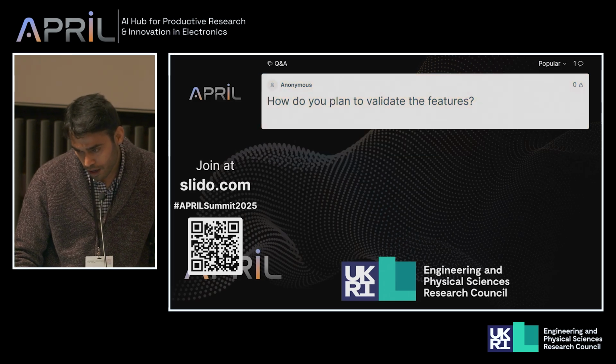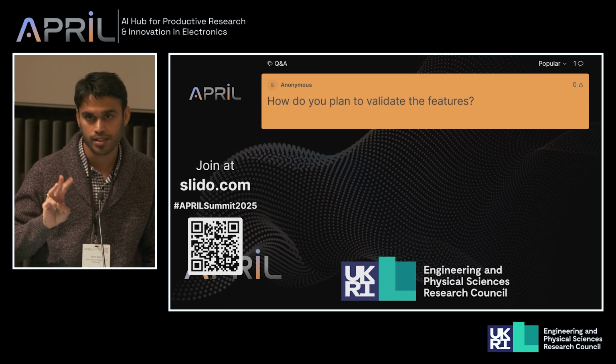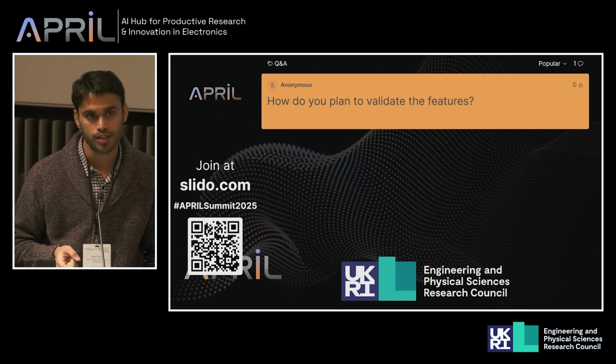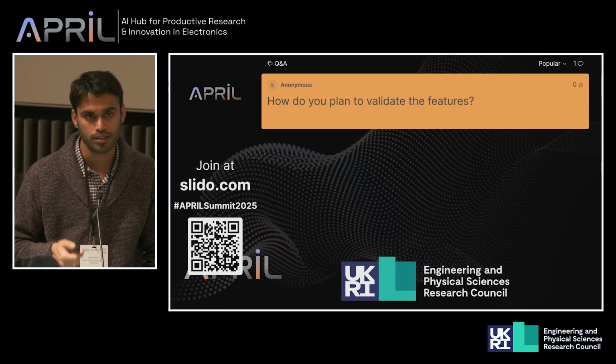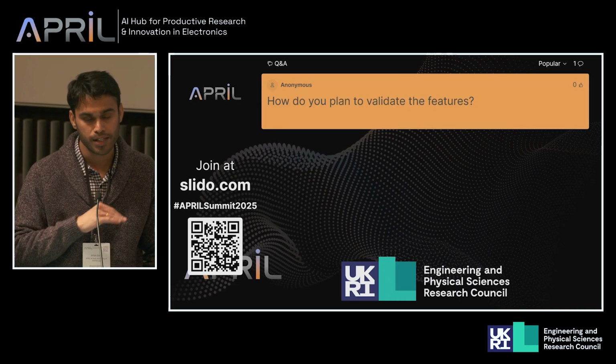And the next one is, how do you plan to validate the features? So if you remember, there are 3 phases. Each phase relates to one role. So the first phase was the role of a designer and an admin. The admin makes sure that the features or any information units being uploaded to the system meet certain criteria.